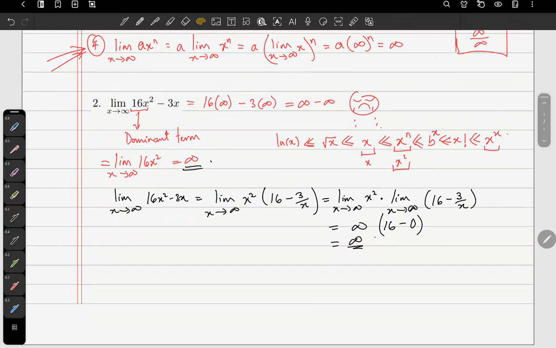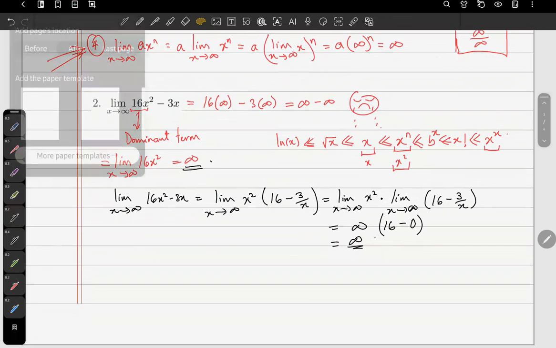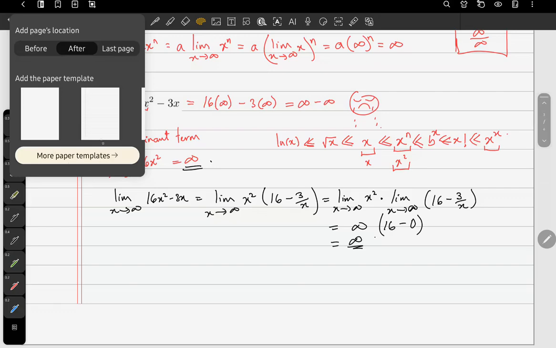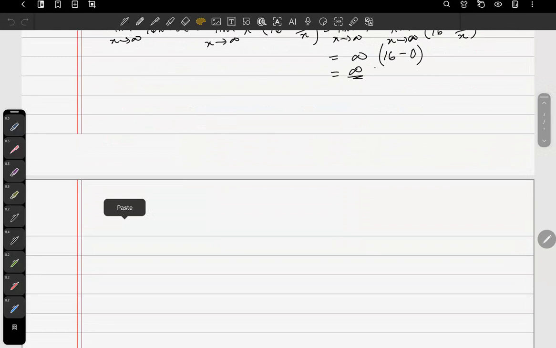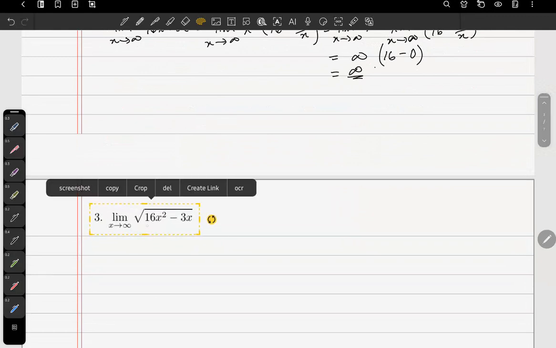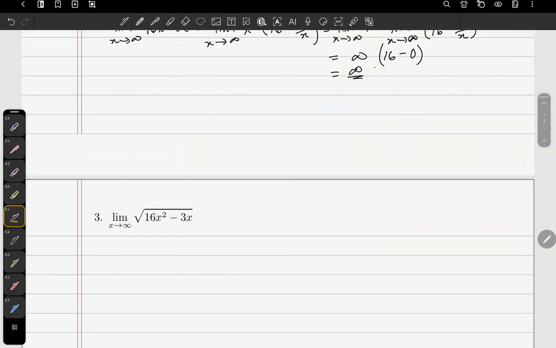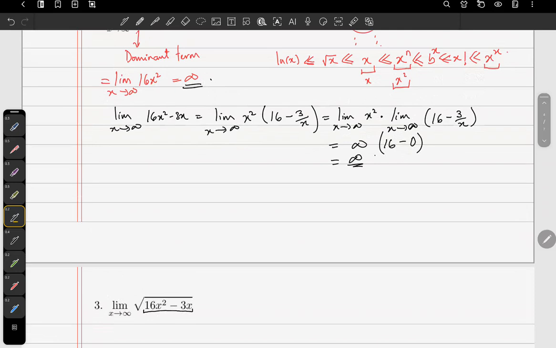It's just that the fact that this one has a square root might be a little bit tricky, but all is still under control. So generally we know what the term under the square root goes to as x goes to infinity. We've already seen that in the previous question. We know it goes to infinity.